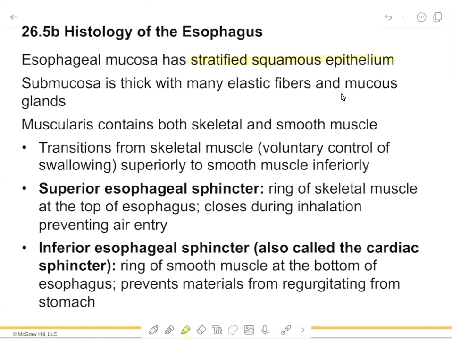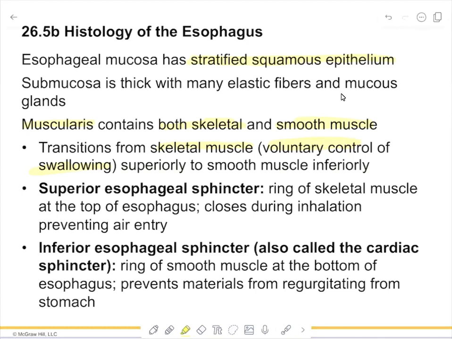The muscularis contains both skeletal as well as smooth muscle. And this means that there is voluntary control and involuntary control. The skeletal muscle is voluntary control of swallowing, and that's going to be located superiorly to the smooth muscle, which is inferiorly.